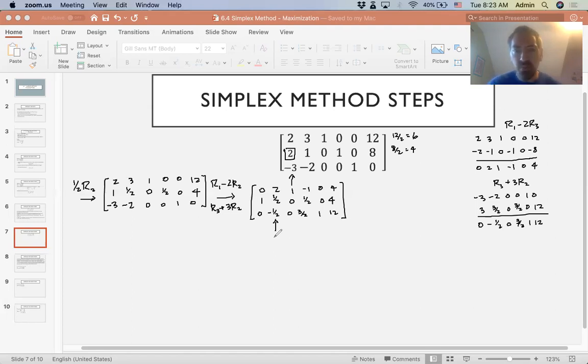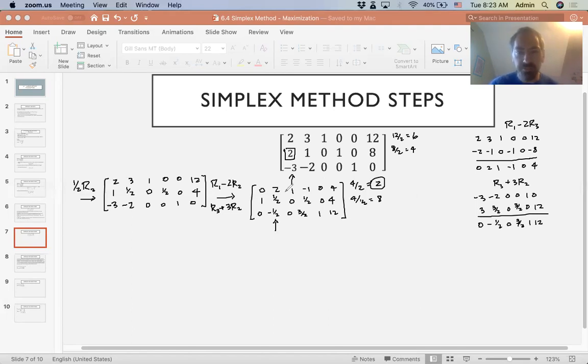Okay, then we take our ratios. We take 4 divided by 2, and 4 divided by 1/2, which is 8. Okay, and remember, these are the y-intercepts, right? And we're going to take the smaller one because we know that's going to be the corner in our feasibility region.